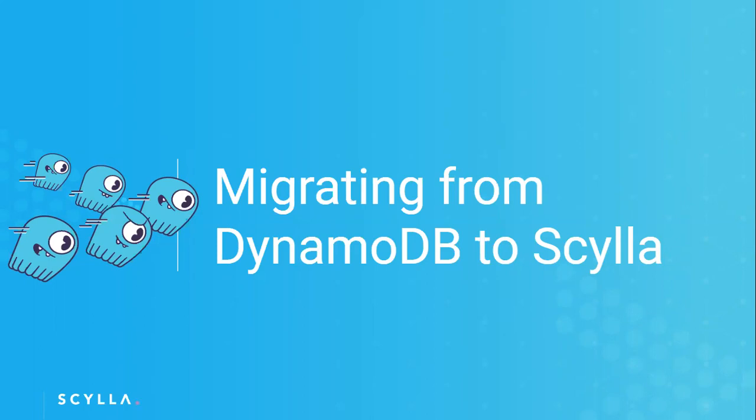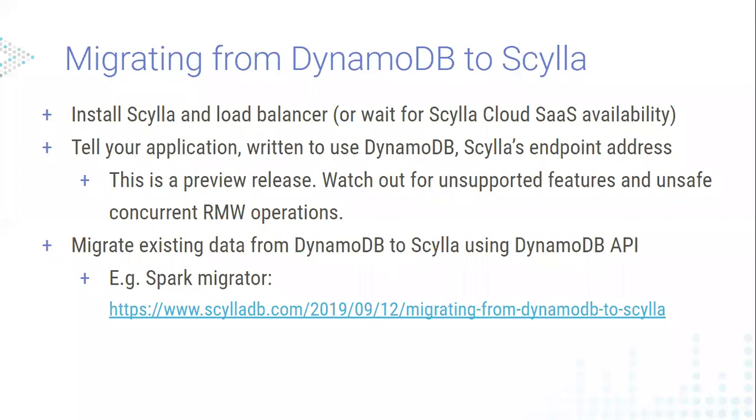So if you like Alternator and you want to try it yourself and migrate your application from DynamoDB to Scylla with Alternator, of course you need to install Scylla. You can see instructions on our site or ask us, and you need some sort of load balancer to send a request to the different nodes.